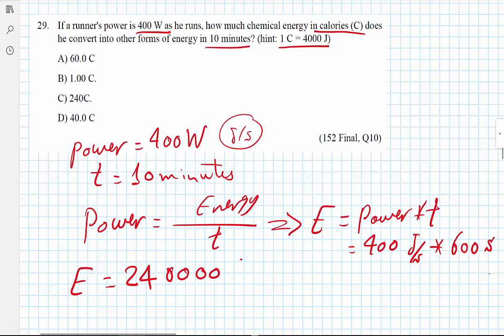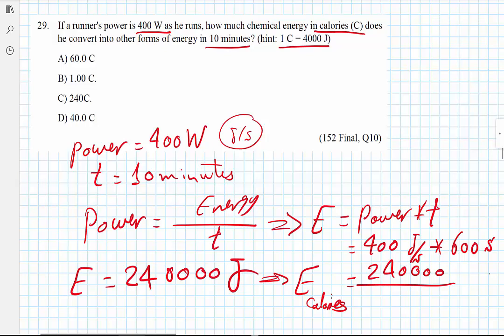The result you get is in joule, and you need to convert it into calories. 1 calorie is 4,000 joules, so you need to divide this number over 4,000. So 240,000 divided by the 4,000, 60 calories. So the first answer is the right one.